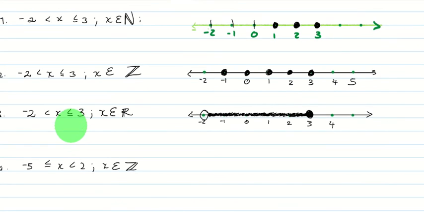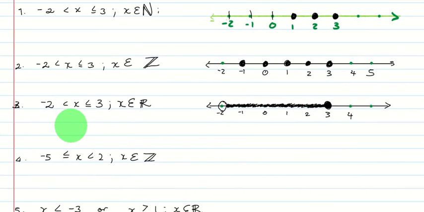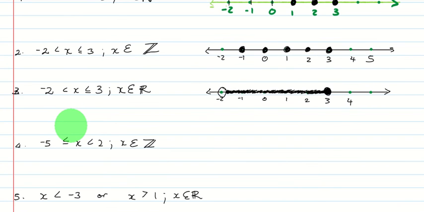Now we're going on to number 4, and number 4 says that x element of integers, Z is the symbol for integers, and then x is greater than -5 but less than 2. All right.